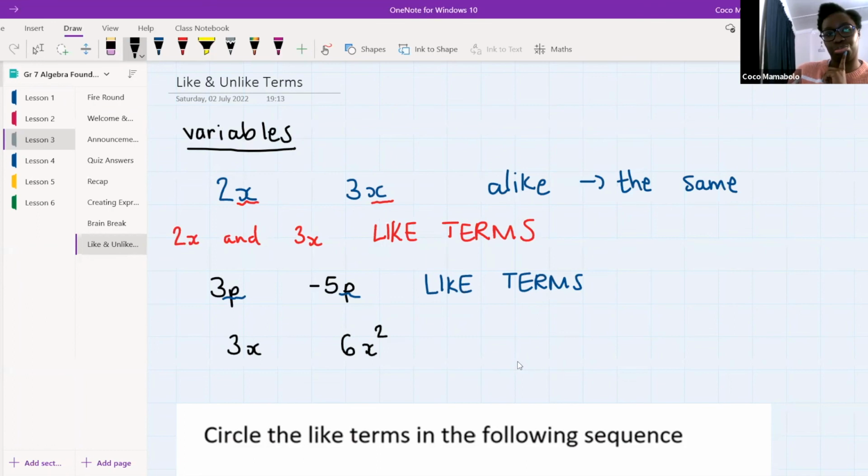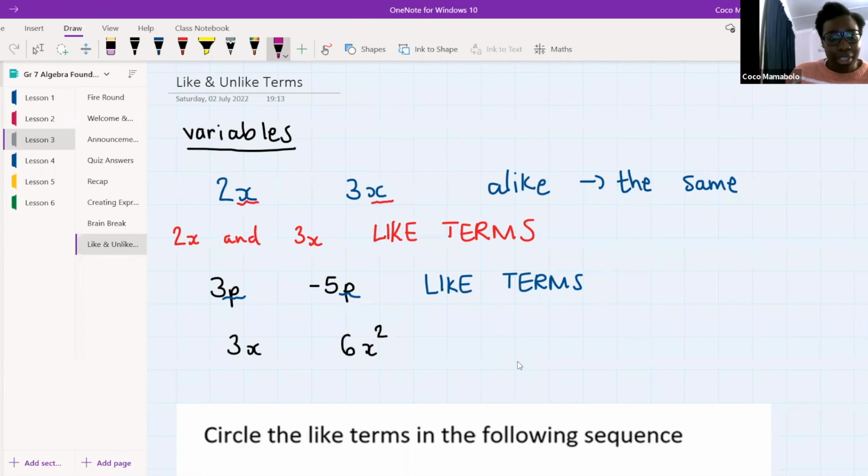No, ma'am. Oh, you sound very confident there. Why not, Diso? Because the 3 doesn't have the square. Oh, okay. Teacher Kat, I can pack up now. Wow. She just did my job for me.